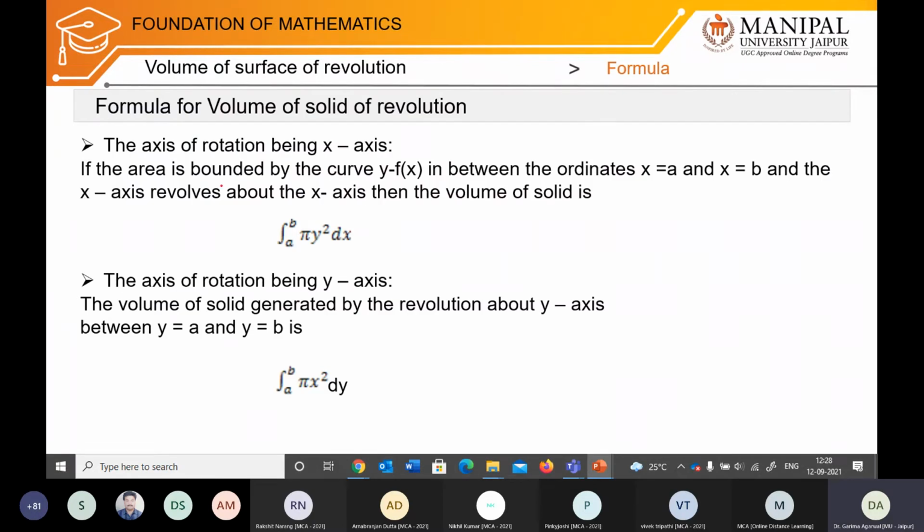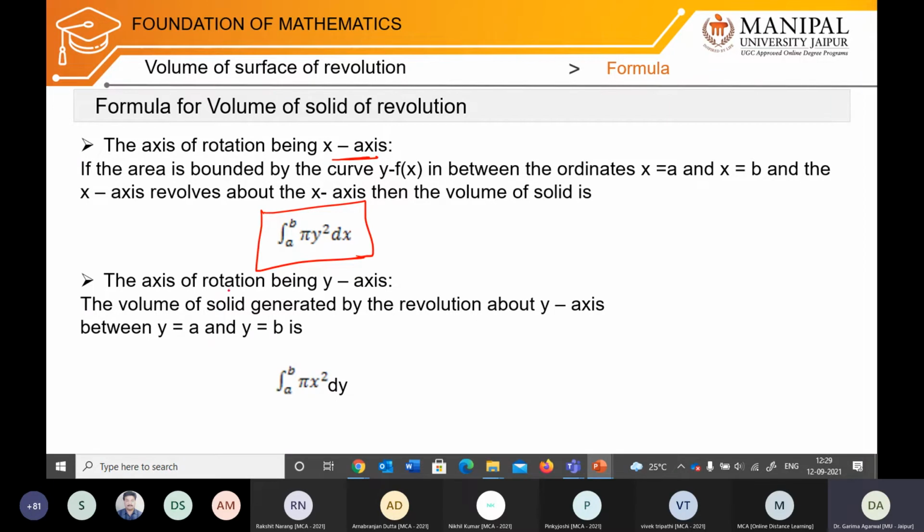Now these are the formulas. If the axis of rotation is x-axis, then the area bounded by the curve between the ordinates x equals a and x equals b and the x-axis, revolved about the x-axis, the volume will be pi y square dx, right?